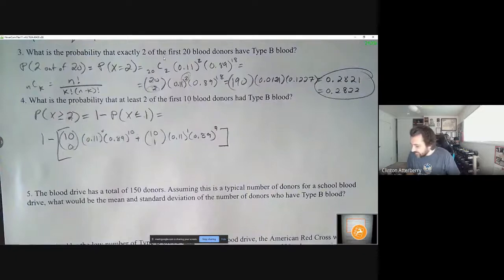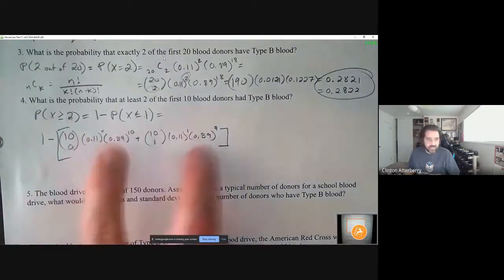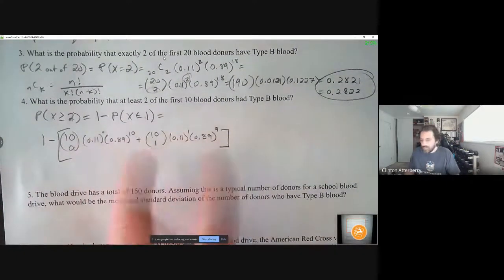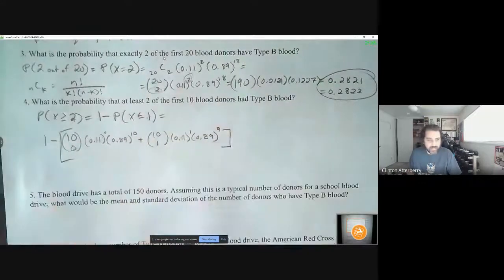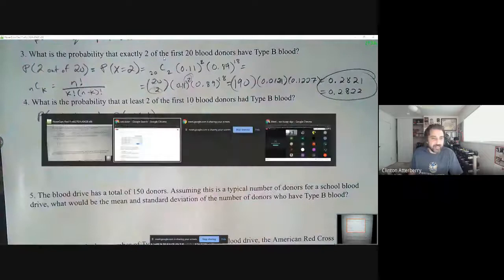Whenever you have parentheses and outside groupings like this, you should use brackets like that. They should be the same size. I didn't do that the best, but okay.